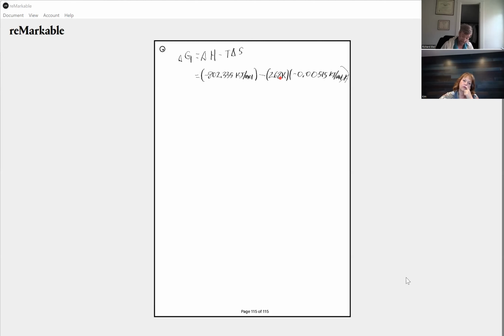Notice that the kelvins cancel. Notice that this negative sign cancels this negative sign. So we're going to add 1.3802.